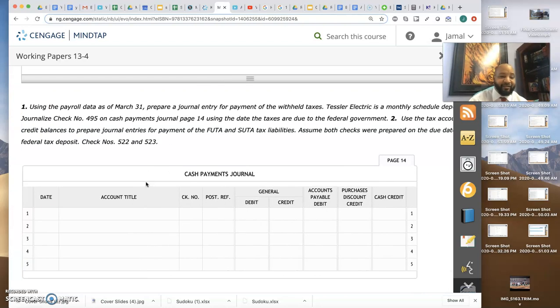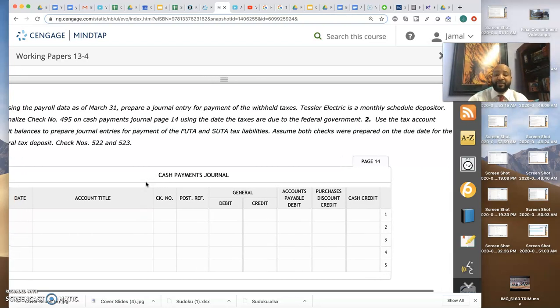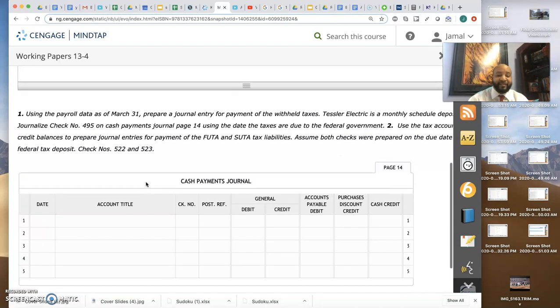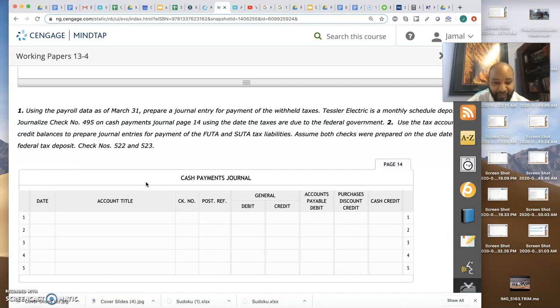Use the tax account credit balance to prepare journal entries for payment of FUTA and SUTA tax liabilities. Assume both checks were prepared on the due date for the federal tax deposit. Check numbers 522 and 523. So 522 and 523 are going to be for our FUTA and SUTA payments, and our check number 495 is going to be for our payroll taxes.